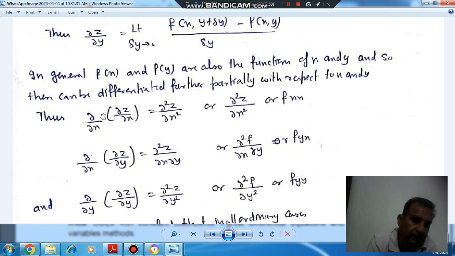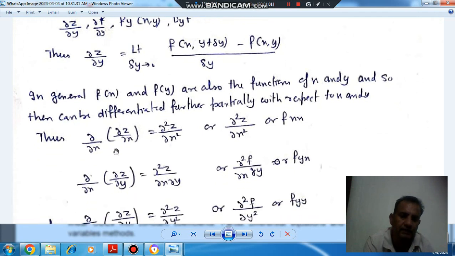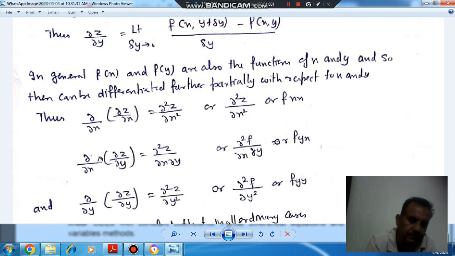If we differentiate this curly z by curly x with respect to x again, it will be curly square z by curly x square, or it is written as f_xx, the double differentiation of z with respect to x keeping y constant.